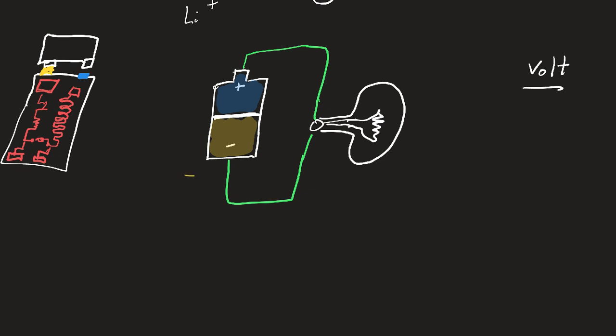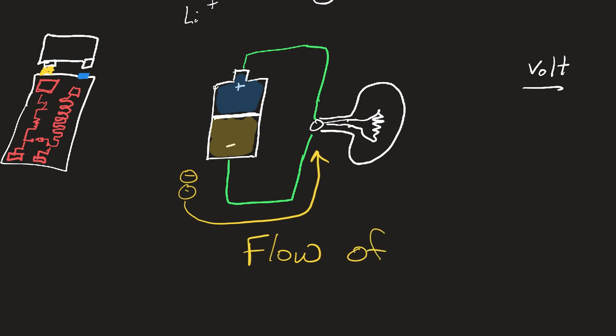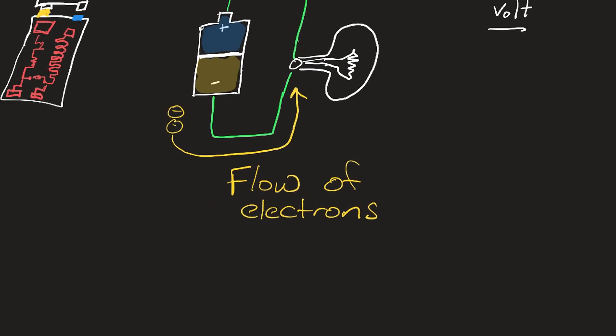What's going to happen is electrons are going to start to move. They're going to flow. Flow, literally like water, of electrons. That's called a current. Just like the flow of water, it's called a current.